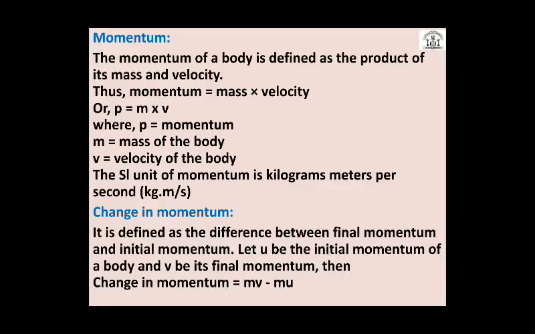So the mass will be the same, but there is a change in the velocity. If I express this in a mathematical form, the change in momentum is final momentum minus initial momentum. The final momentum is mass into velocity, that is mv, and the initial momentum is mu. So the change in momentum is mv minus mu, or in simple words, m(v minus u).